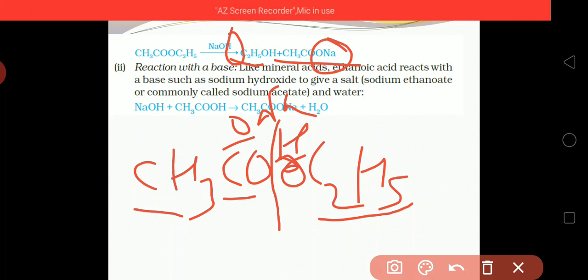In the same way, a reaction with the base: CH3COOH and NaOH.